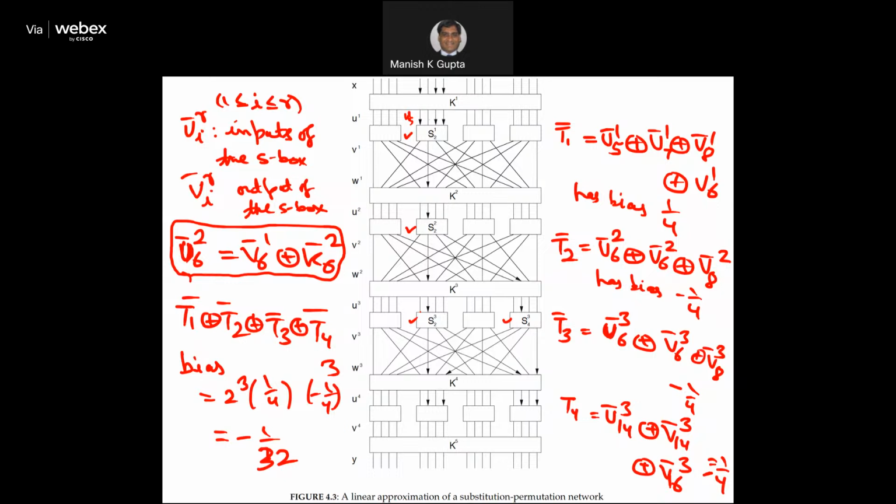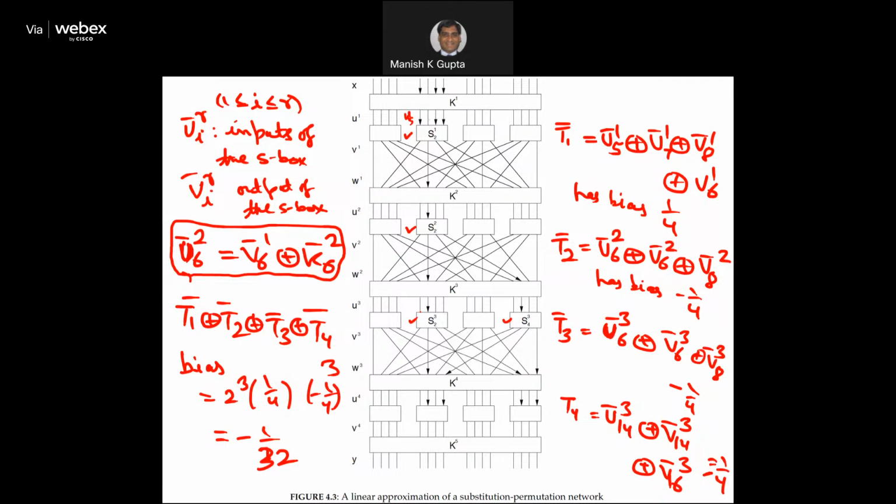Then we go to this one, S23. So S23, you can see that input bit is this, and output bit is this, and this, right? So we can again compute, and for this one, this is the input, and output is this and this, right? These two.